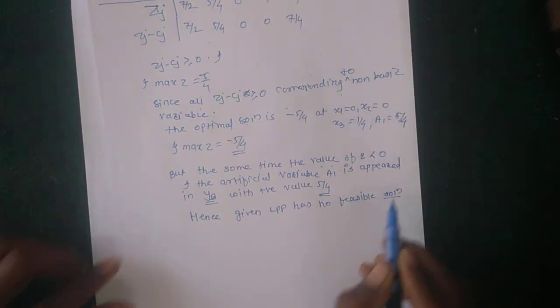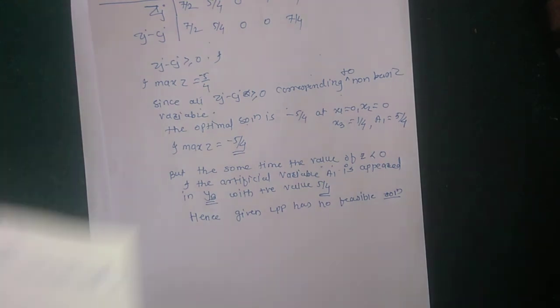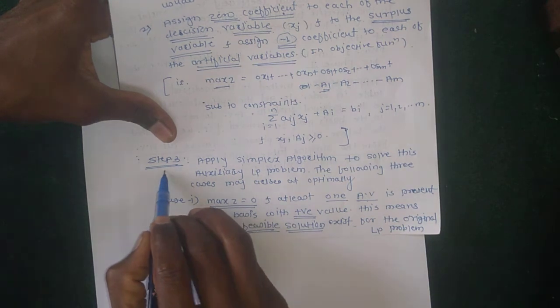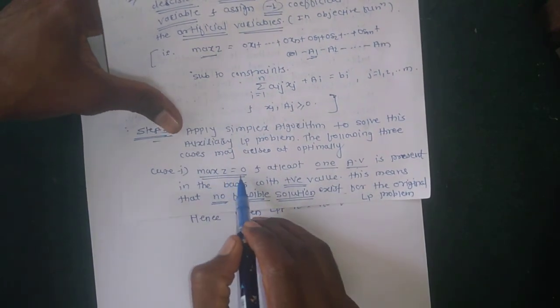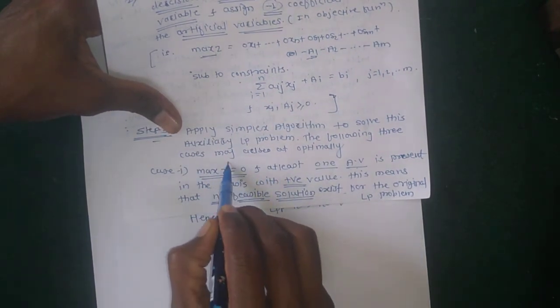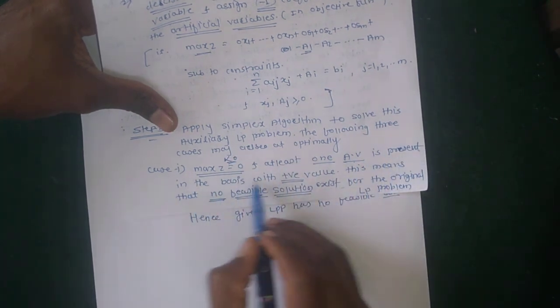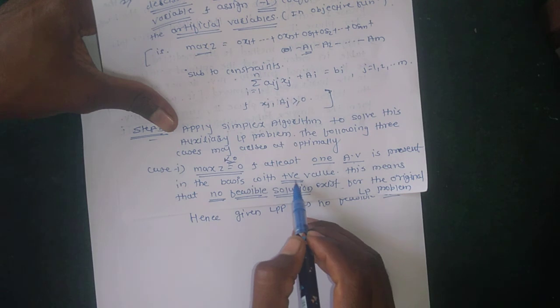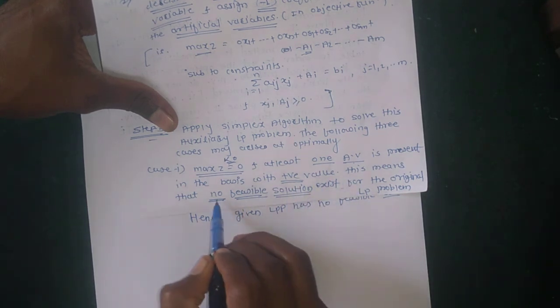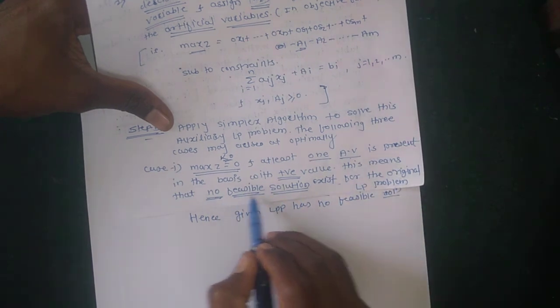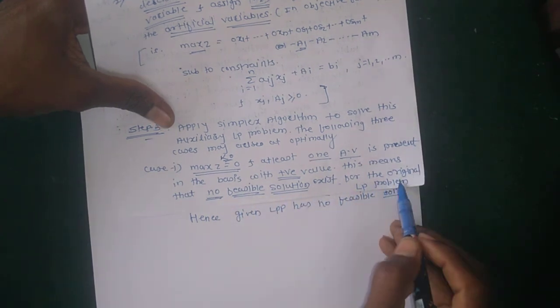Okay, so using the phase first method, step third, in this case, sometimes maximum Z is less than or equal to 0, but at least one artificial variable is present in the basis with positive value, then the given LPP has no solution. That is, no feasible solution exists for the original LP problem.